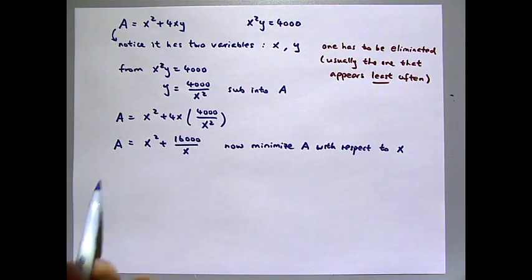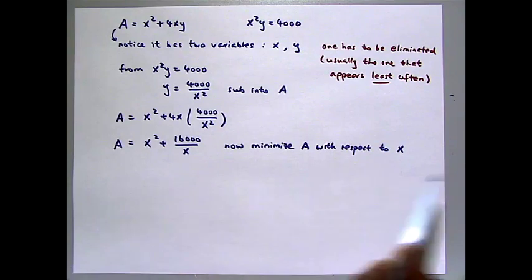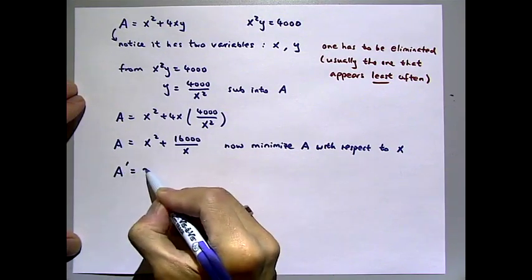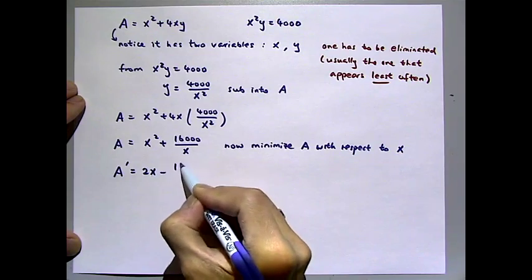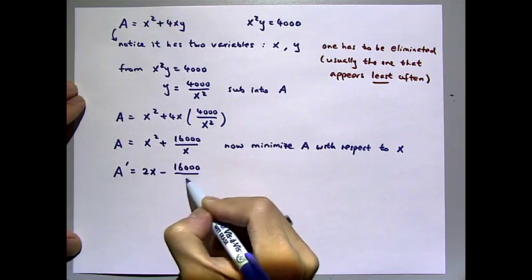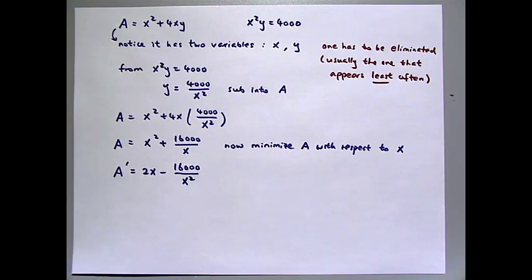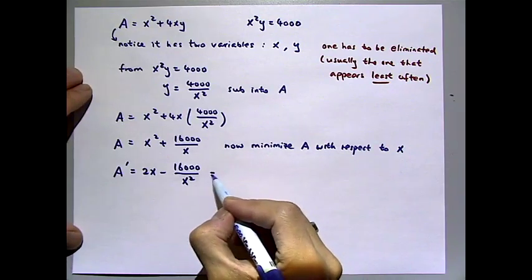Okay, so what do we do from here? We've done this so many times. What do we do from here? Take the derivative. What do we find? Right, the critical numbers. Very good. So let's take the derivative. A prime is 2x minus 16,000 over x squared. Okay, make that equal to 0.